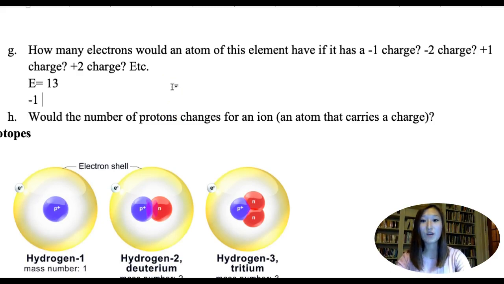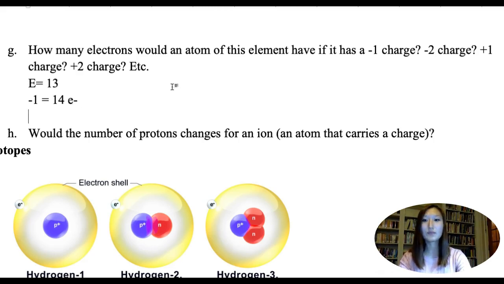If you have a -1 charge, that means instead of 13 electrons, which makes it neutral, you have an extra electron, which makes it 14 electrons. If you have a -2 charge, that means 2 extra negatives, and you can just think about negative as electrons. So instead of 13 electrons as you normally would, now you would have 15 electrons.